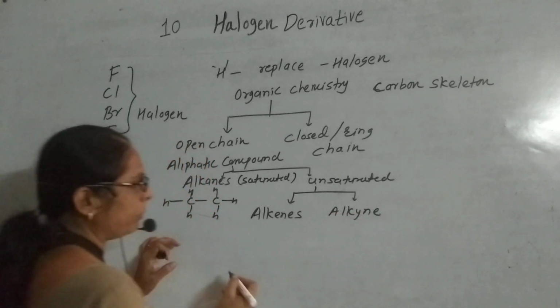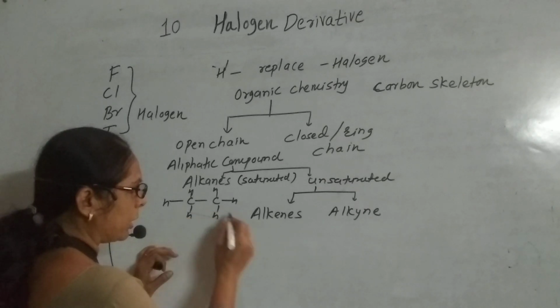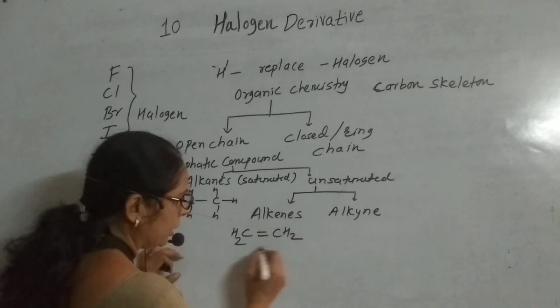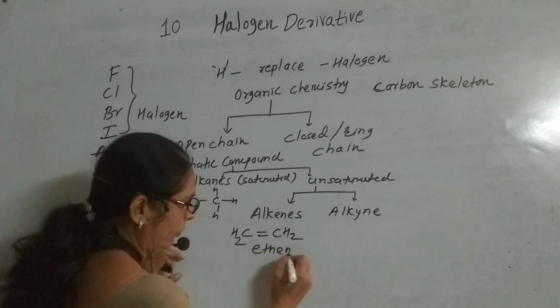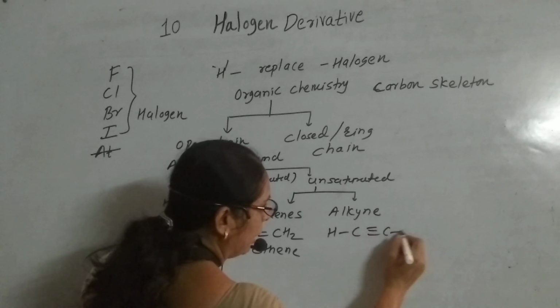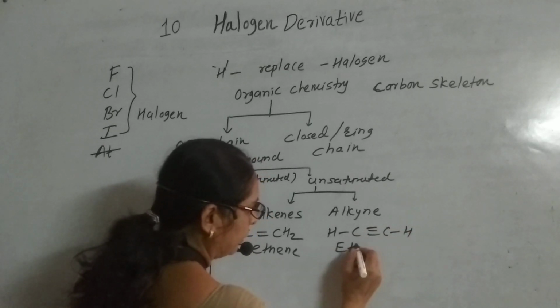Take the example of a 2-member alkene, CH2=CH2, that is ethene, and a 2-member alkyne, that is ethyne.